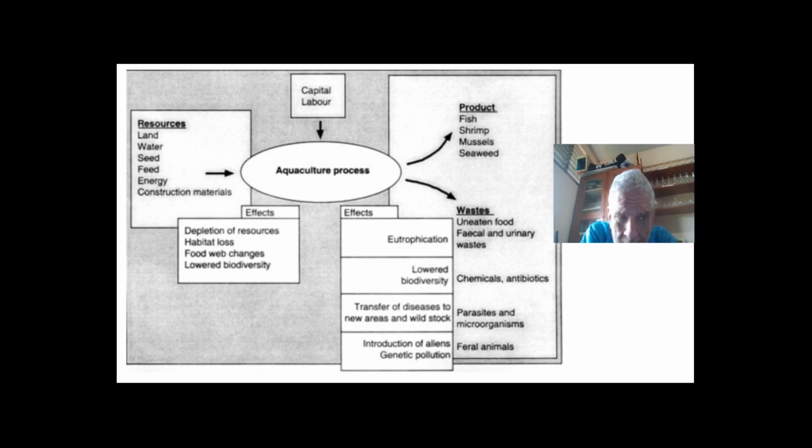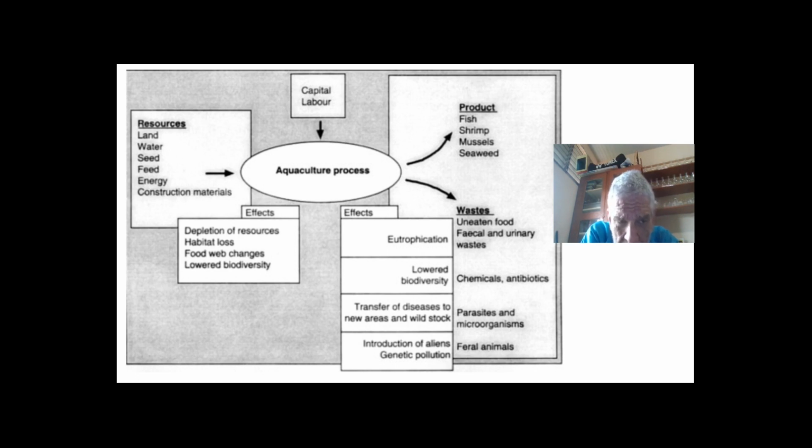You need seed, or small organisms to produce the fish and so on. You need feed, of course, energy, and construction materials. You also need capital and you need labor.